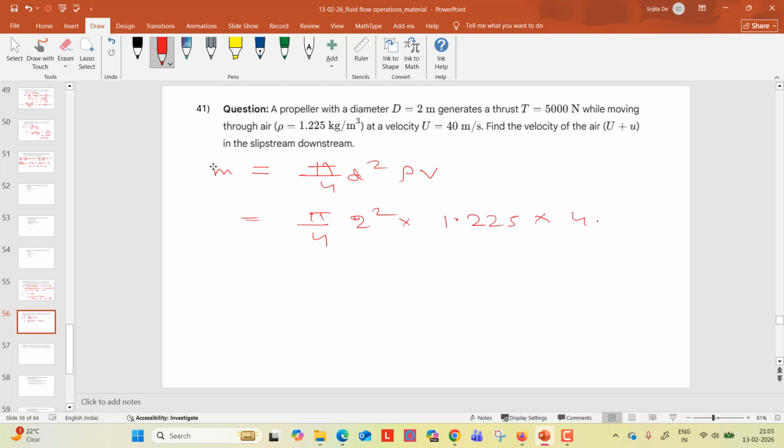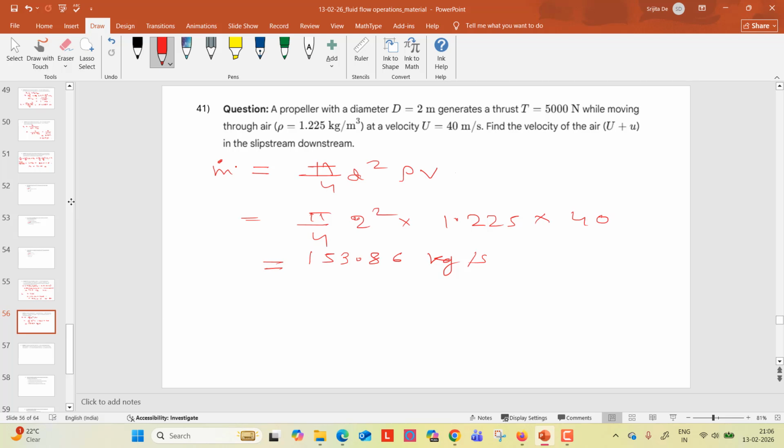So it is coming as 153.86, 153.86 kg per second. It is the mass flow rate, right? Now solve for the velocity increment.